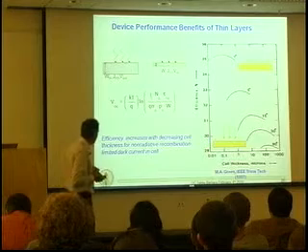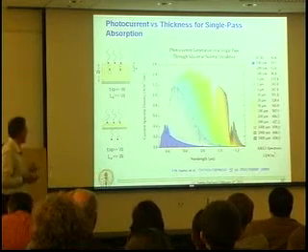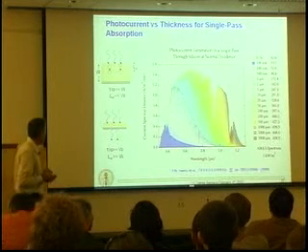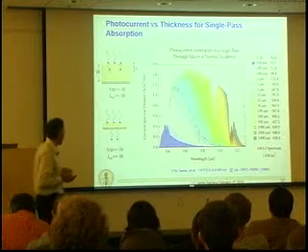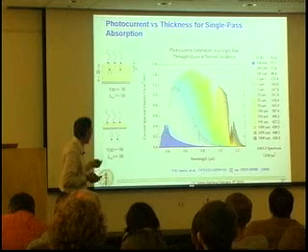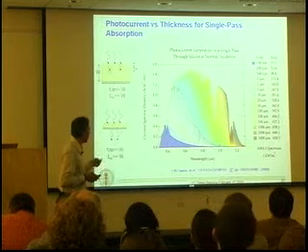Sounds like a good thing to do, but of course what happens when you make a solar absorber thinner is that it has finite material absorption. As you make it thinner, it becomes optically thin. Here's an example showing the spectral quantum efficiency for a silicon solar cell. Here for an optically thick 5 millimeter thick layer.